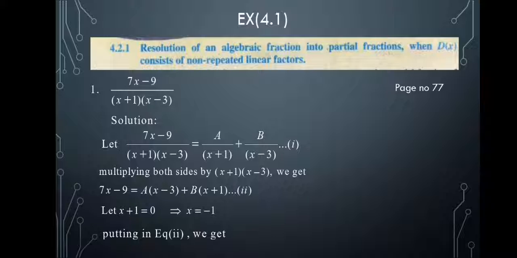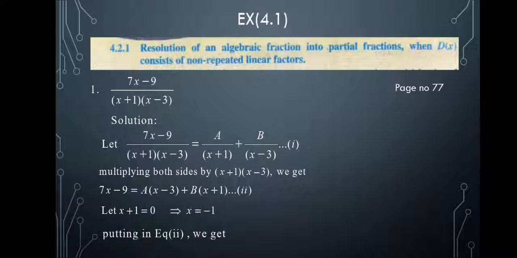So here the factors involved in the denominator should have degree 1. Take 7x minus 9 by x plus 1. You can easily observe that x plus 1 is a linear factor since its degree is 1. Similarly, x minus 3 is a linear factor since its degree is 1, not greater than 1.